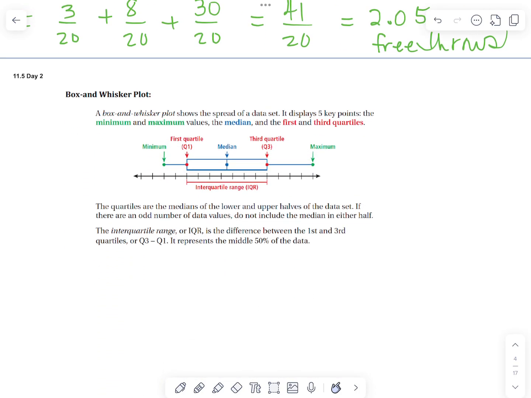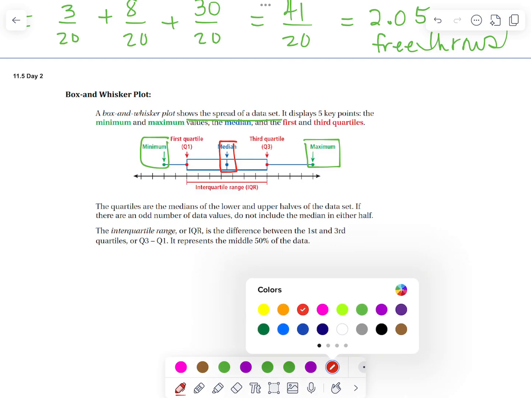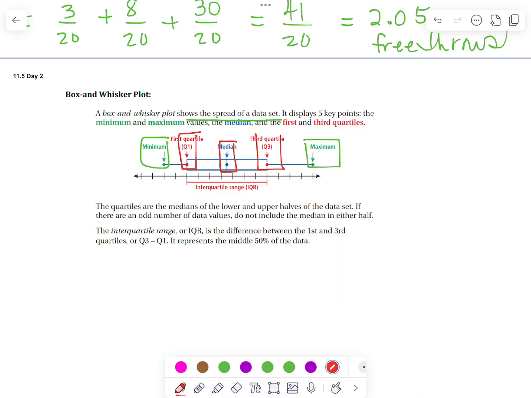The next thing is called a box and whisker plot. A box and whisker plot shows the spread of data. It displays 5 key points: the minimum, the maximum, the median, which is in the middle, quartile 1, and quartile 3, which are the medians of the upper half and the lower half.